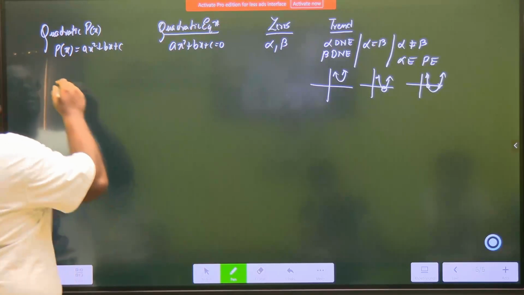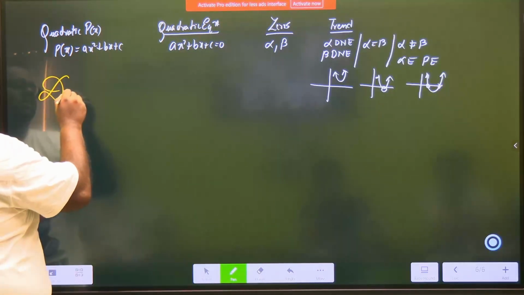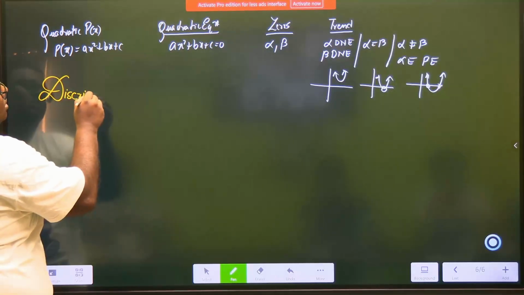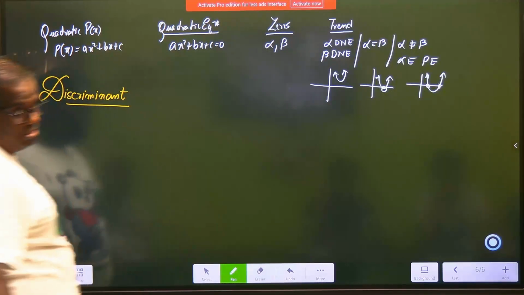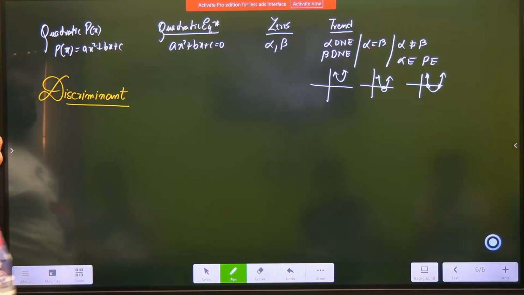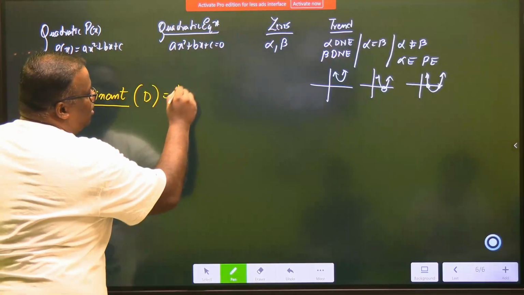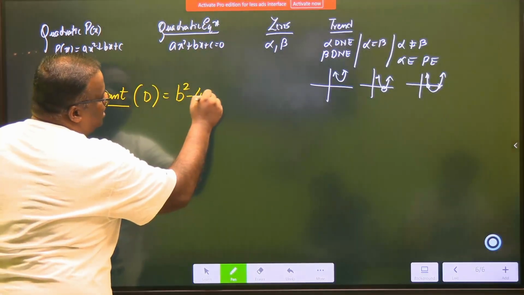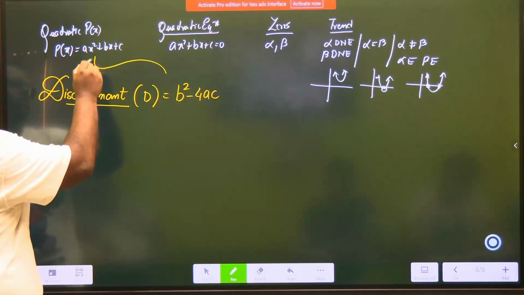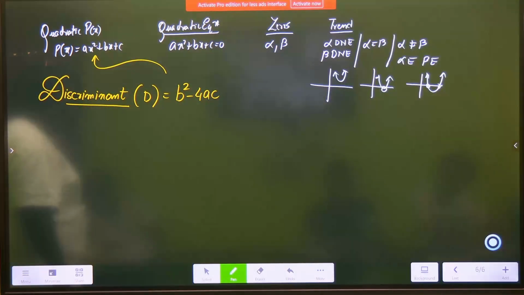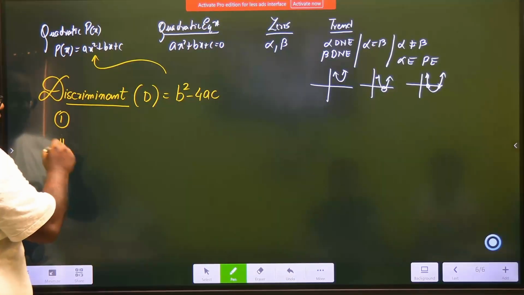Okay, children? Because in the exam, you can do it any other way. That thing is known as the discriminant. Discriminant is defined as D given by the value of b² - 4ac. Sir, what is b² - 4ac in relation to the graph? The discriminant can have 3 different types of values.